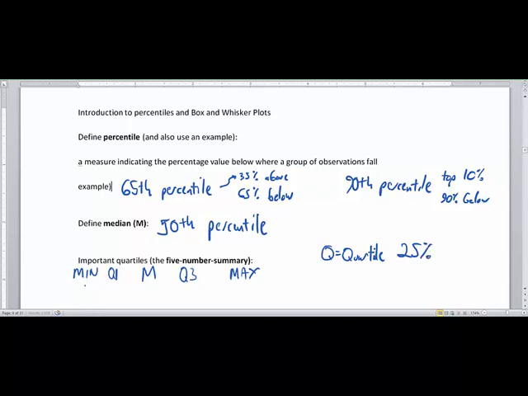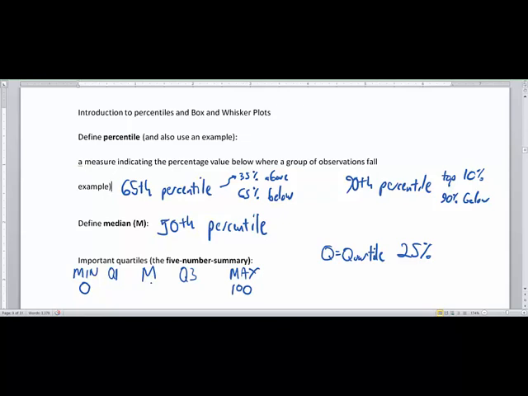So this means that the minimum is at the very smallest, lowest part. It's the 0th percentile, which means that there are no data points below the minimum and 100% of the data points are above it. The maximum is at the 100th percentile. There's nobody higher than the maximum, and everybody is lower than the maximum score.